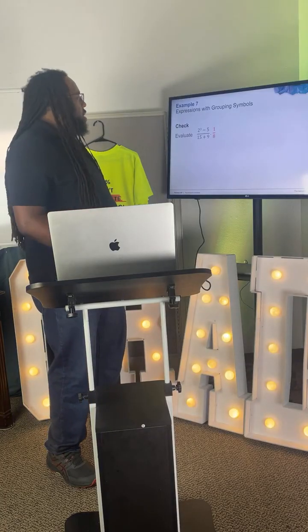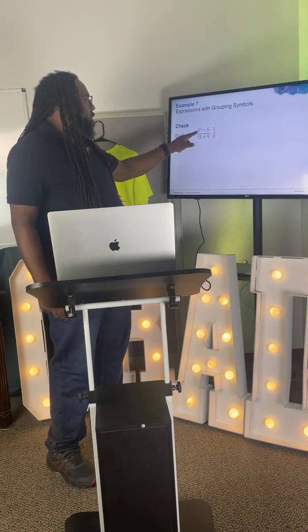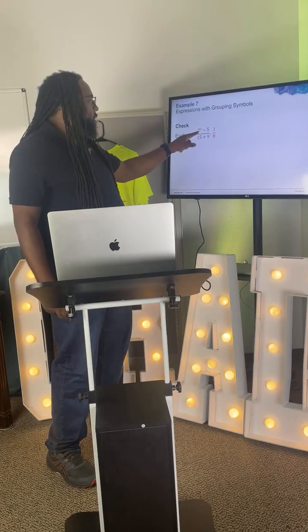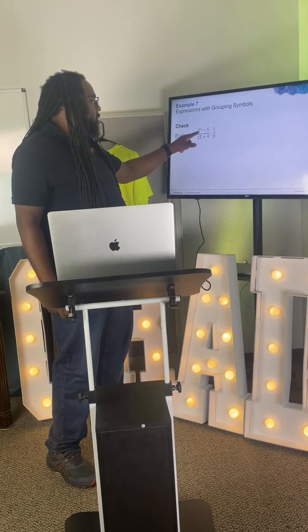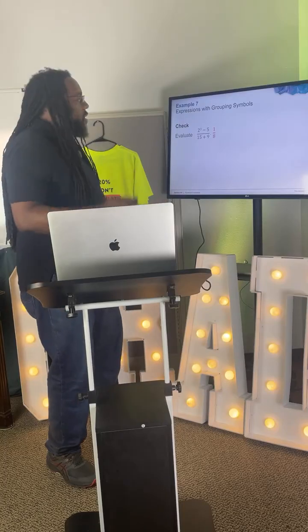How did we get there? We started with our power in here, and we found out that 2 to the power of 3 is 8, like I said earlier.